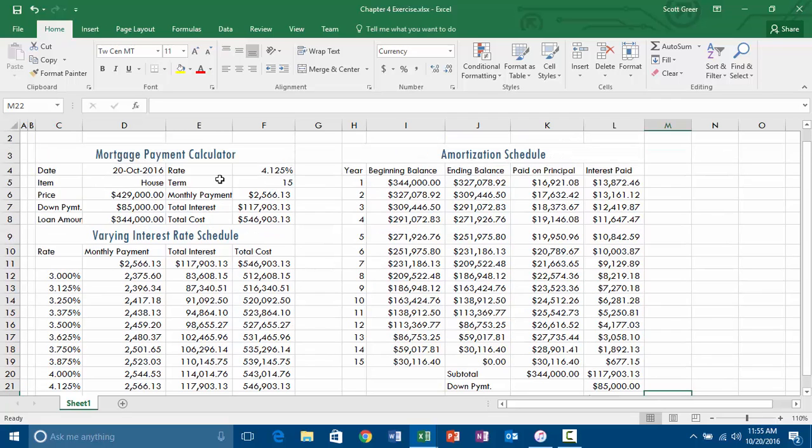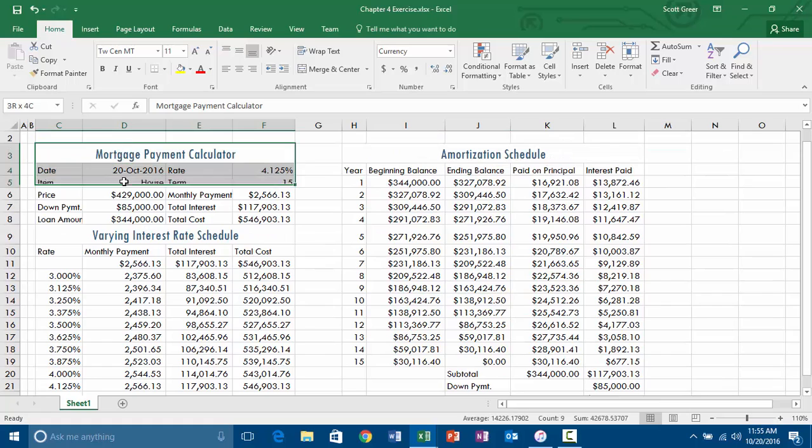Okay. So let's go ahead and highlight the mortgage payment calculator, this whole section here, and throw a border around it. Oh, that's funny, I did it differently. Here we go. We aren't going to include the mortgage payment calculator title, but we're going to highlight everything else.